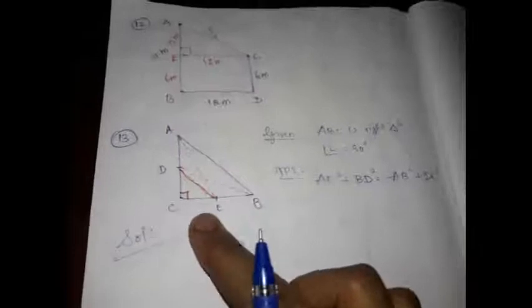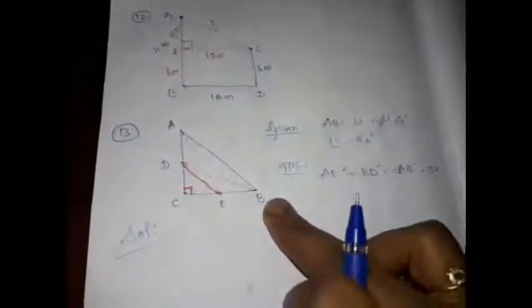Now what is given in the 13th question? ABC is a right angle triangle, right angled at angle C. It is also given that D and E are points on the sides AC and BC respectively. They asked you to prove AE square plus BD square is equal to AB square plus DE square, right?